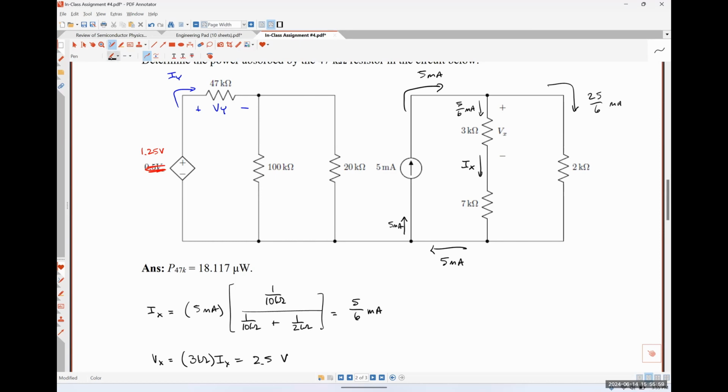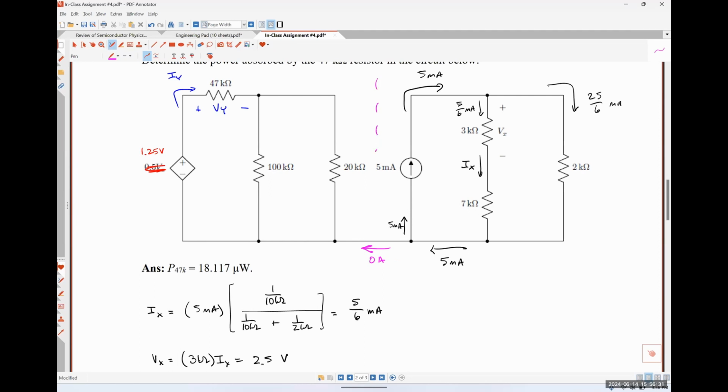So how much current is flowing through this short circuit to the left-hand side of the circuit? I'm guessing 0. You shouldn't have to guess 0. Kirchhoff's current law tells you it will be 0, right? So if I have 5 milliamps flowing in, it has to be equal to 5 milliamps plus that unknown current. So the unknown current has to be 0.